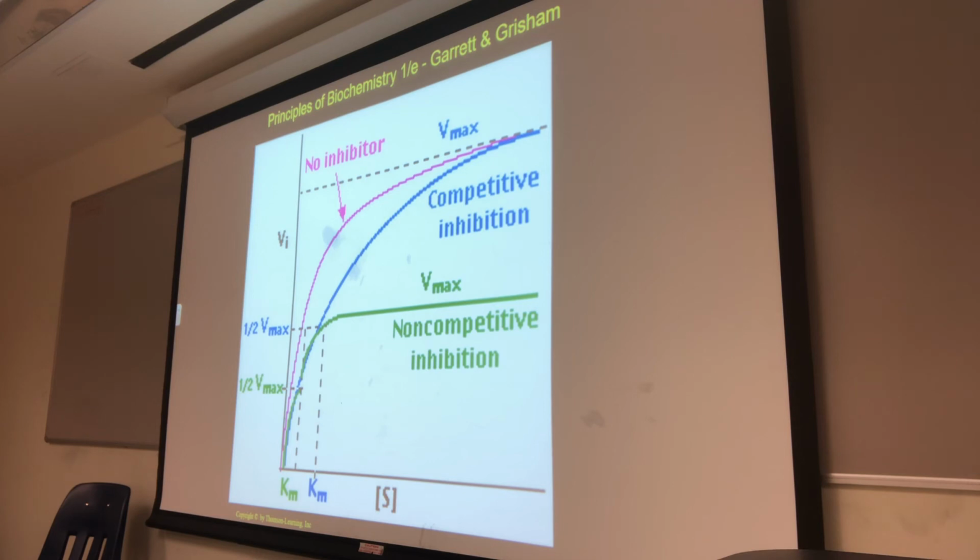So the enzyme is having a tougher time grabbing onto the substrate when a competitive inhibitor binds to it. That explains why Km goes up. Remember, a high Km is bad. A high Km means the enzyme is terrible at grabbing onto substrate. So when you have a competitive inhibitor, Km will go up. The enzyme is not doing a good job of grabbing onto its substrate.